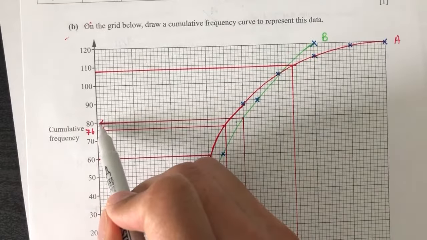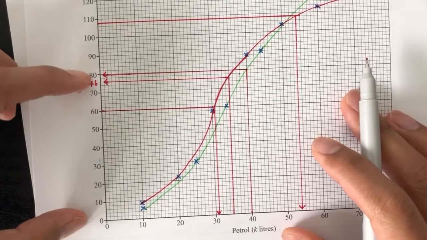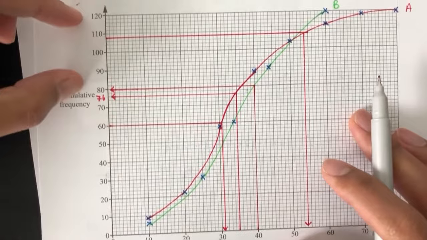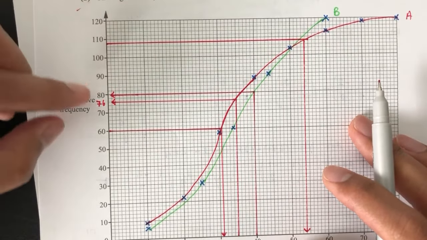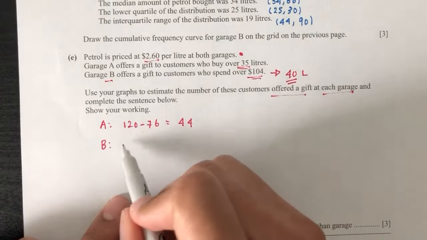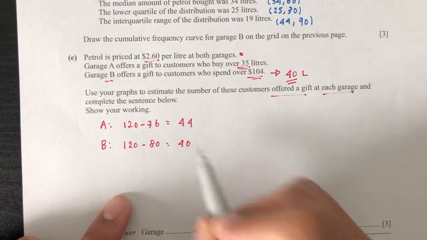So what does it mean? It means that 80 and below are the people who bought less than 40 liters, and above that are the ones who bought more than 40 liters. So this will be 120 minus 80. So for B, 120 minus 80 will be 40.